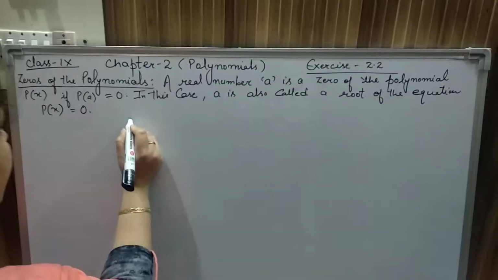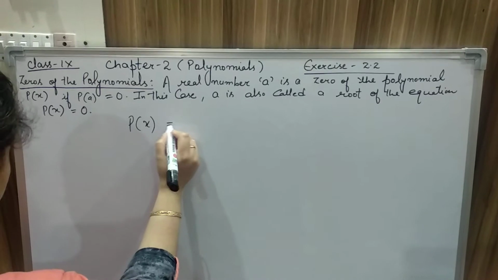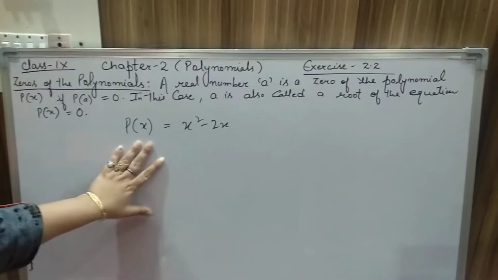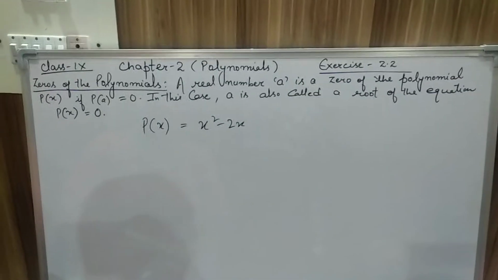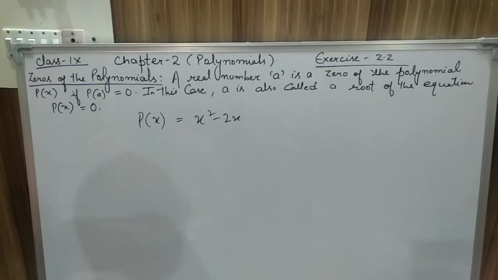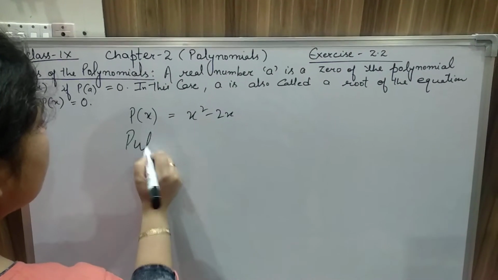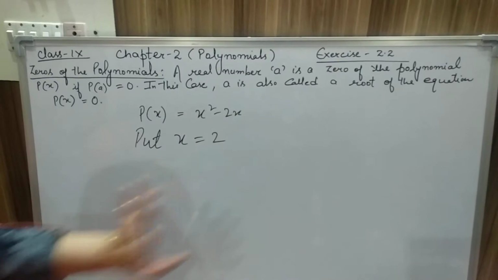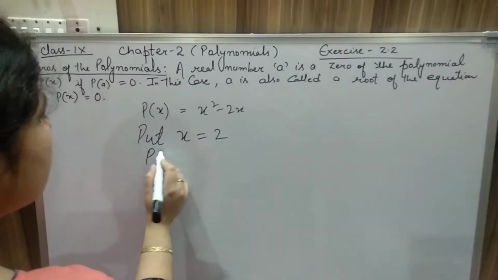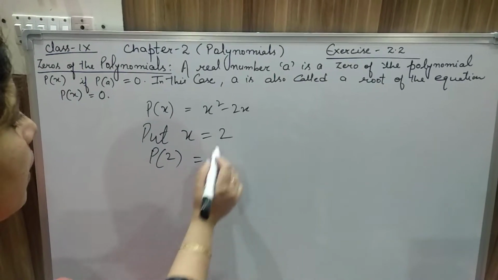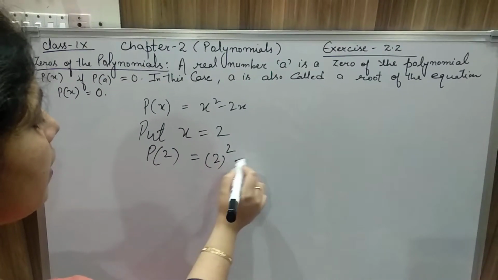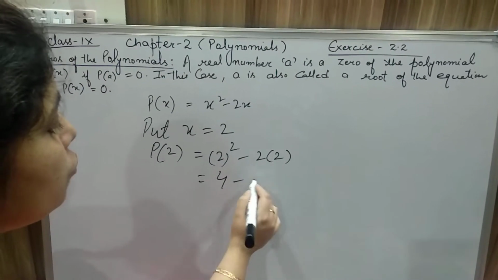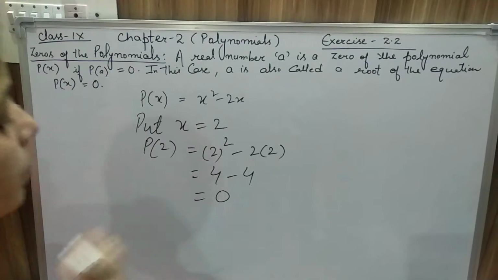For example, let us take any polynomial in x, that is p(x) = x square minus 2x. This is a polynomial in x. Now we have to find the zeros of this polynomial. How can we find the zeros of the polynomial? If we put x = 2, where 2 is a real number, then in place of x, 2 will come here. x square means 2 square, minus 2 into x, that is 2 into 2. 2 square is 4, minus 2 into 2 is again 4, and 4 minus 4 is equal to 0.